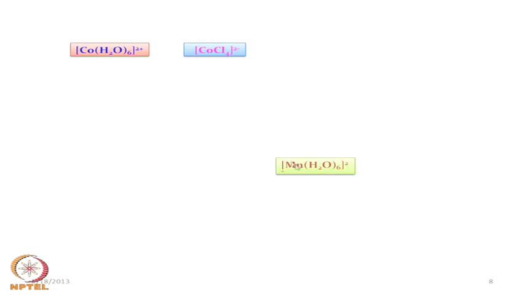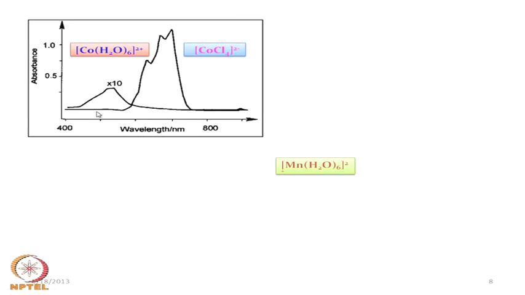So, we have seen this example, this is the hexaaquo manganese 2 plus, which gives very weak transitions, and in case of these two cobalt compounds, this is very weak, the corresponding lambda max value.